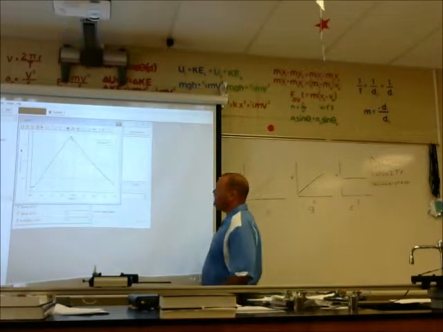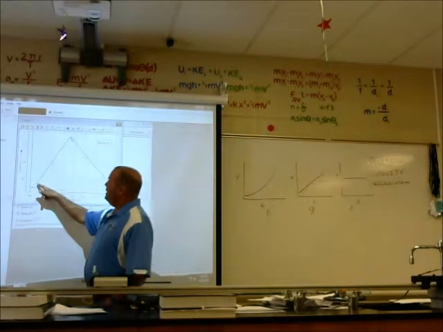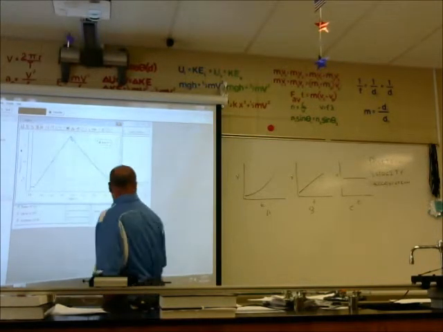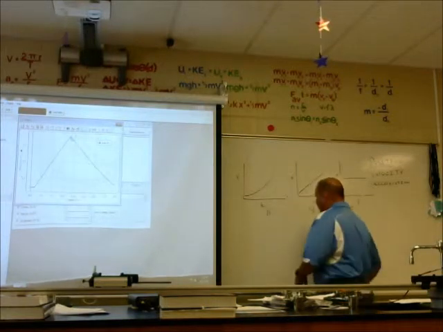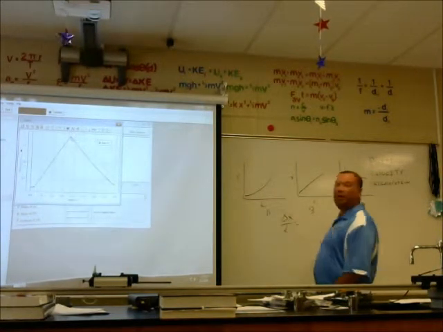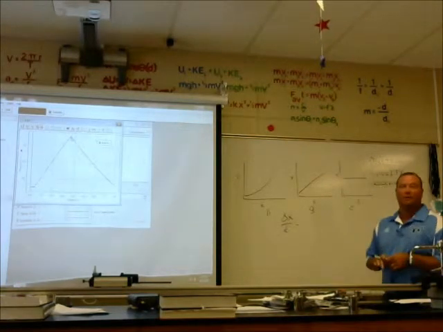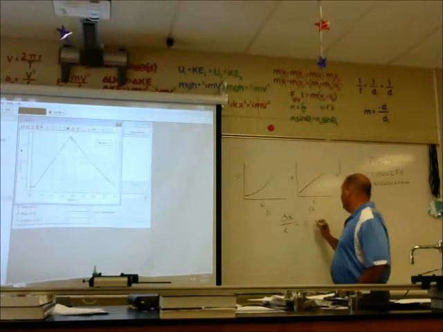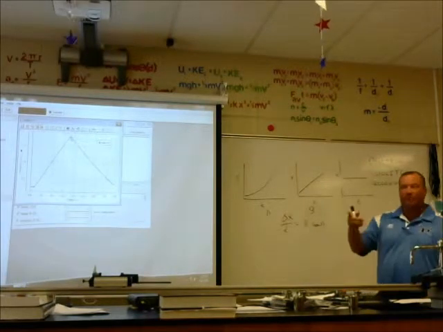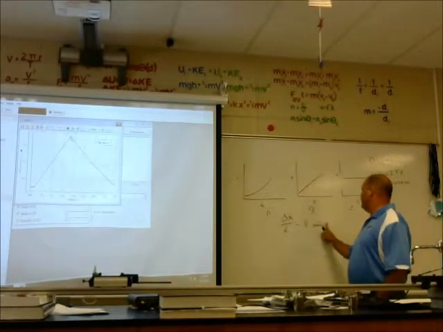Now, if my change of position is constant, what is the ratio of change in position over time called? Velocity, right? Or speed, if I'm only going in one dimension.